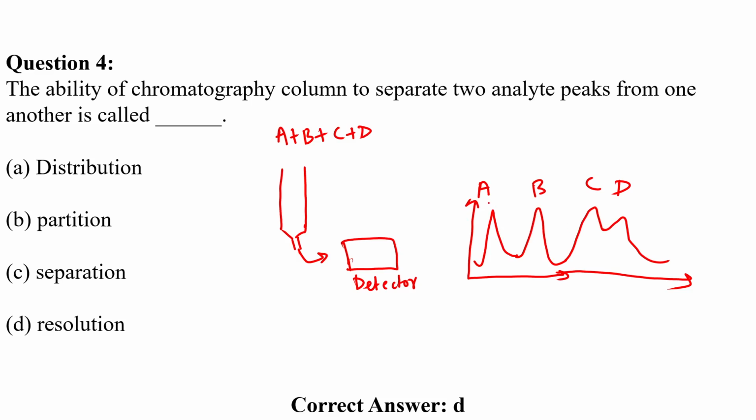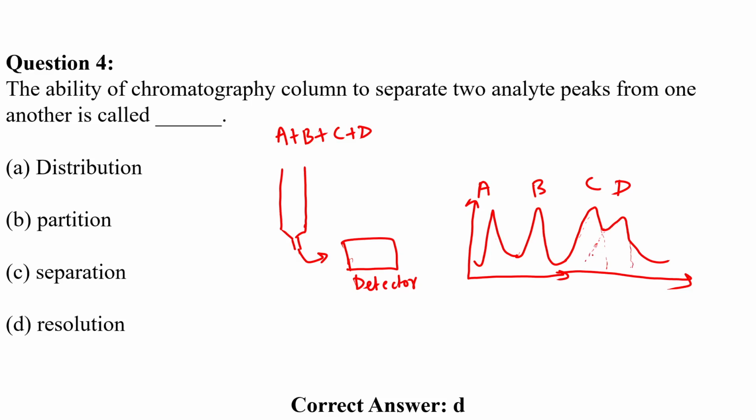What do you mean by resolved? You can see there is a separate Gaussian peak for A and a separate Gaussian peak for B. But for component C, what is happening? We have the Gaussian plot like this, and for component D, we have the plot like this.